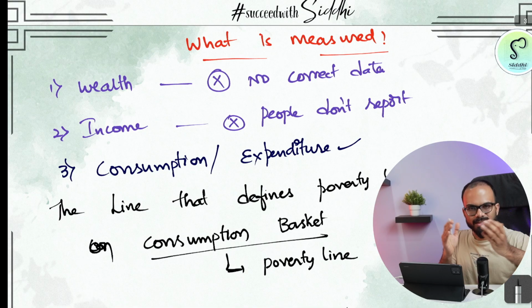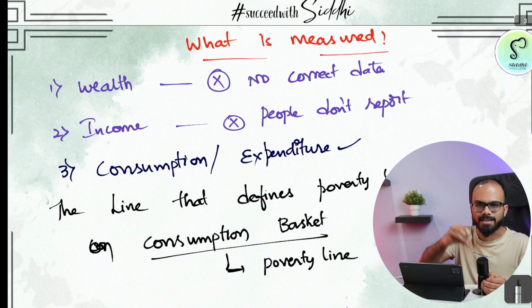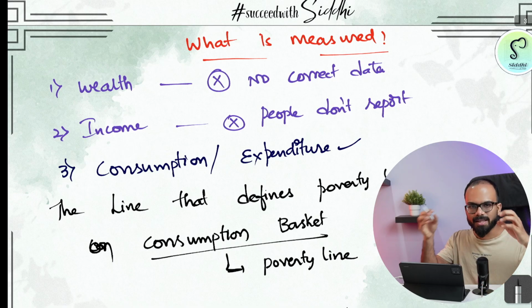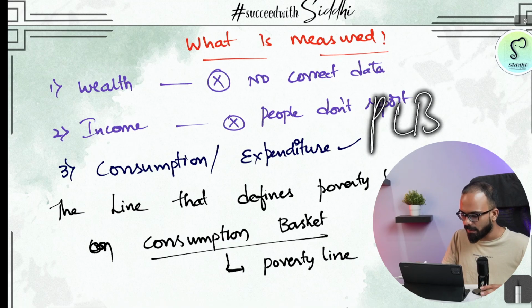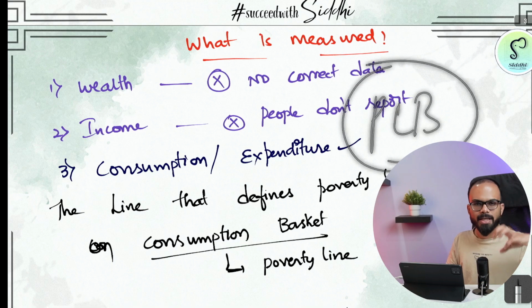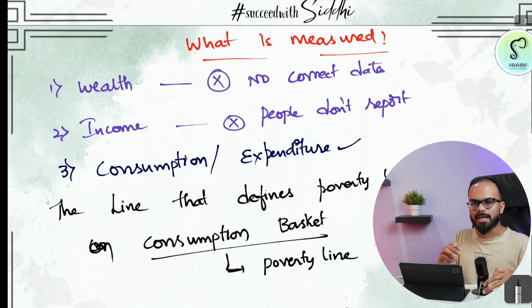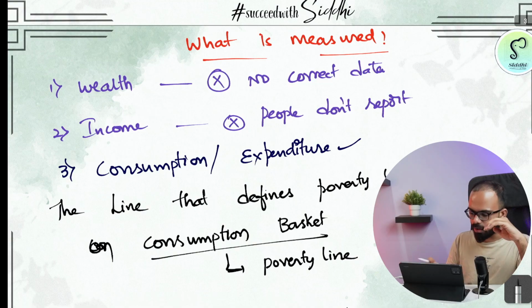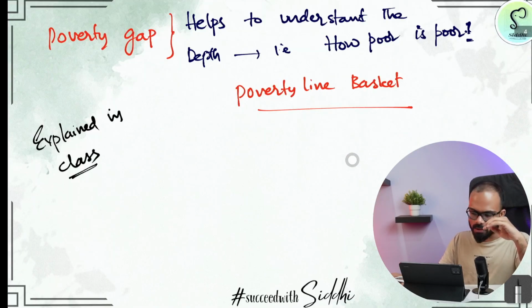So, a basket is prepared in which various items that are consumed are placed, and based on the ability of consumption of this poverty line basket, a line is drawn which is known as poverty line, and using that line, the poverty levels of any economy or for that matter any family is measured.